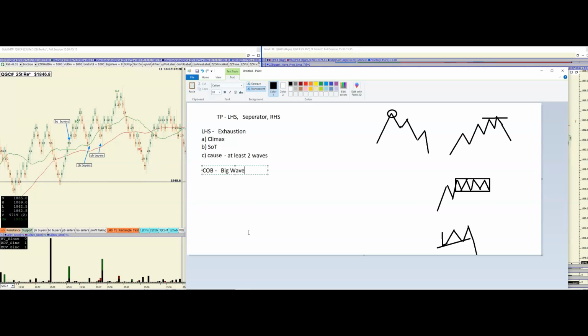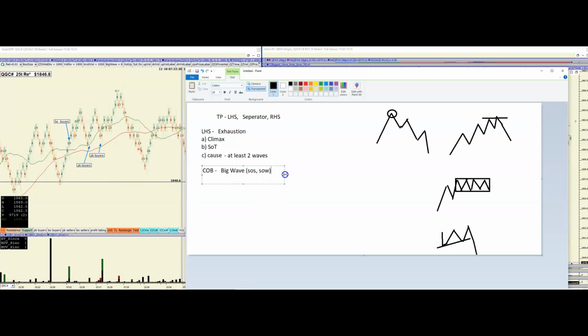How do you distinguish the left-hand side from the right-hand side? What is the key separator? The separator is your sign of strength or sign of weakness, also known as change of behavior. That big impulse. We'll just call it the sign of strength and sign of weakness.